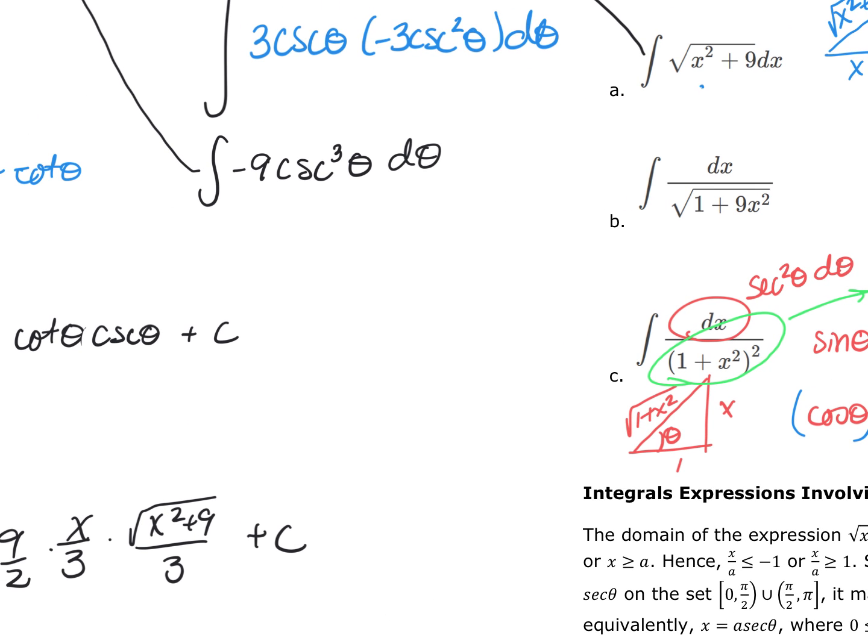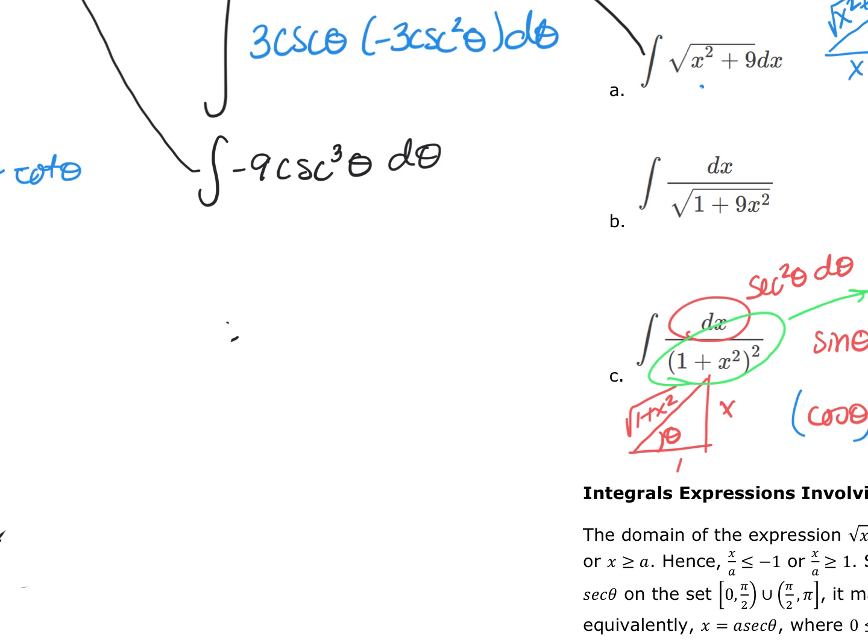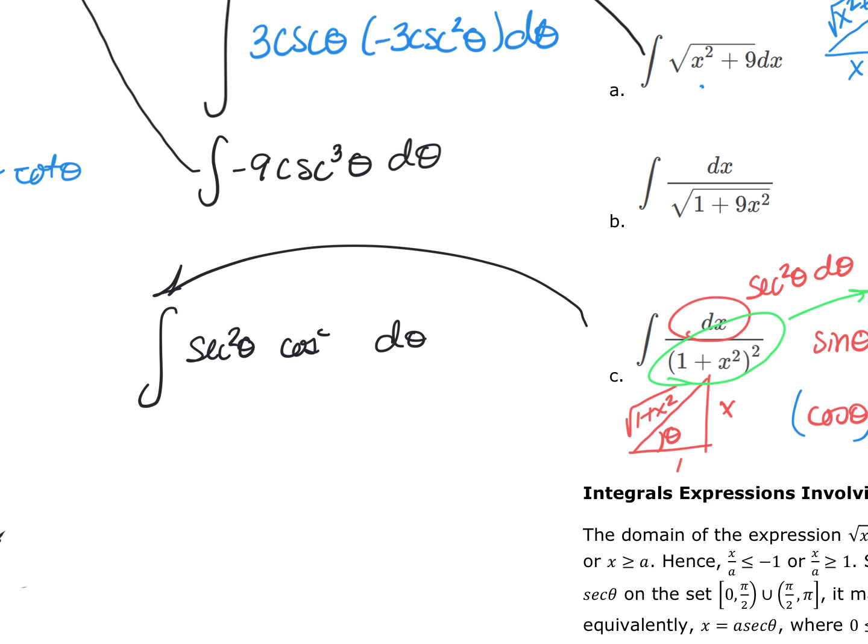So where am I? Well, let me erase this so I can do this integration with those trig substitutions. And so I have the integration of the dx gets replaced with the secant squared of theta, d theta. 1 over 1 plus x squared, the quantity squared, gets replaced with the cosine to the 4th theta.